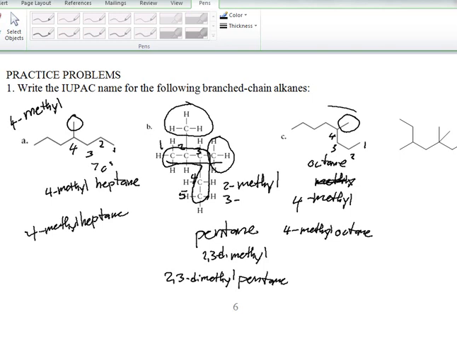And this last one is the most complicated. 1, 2, 3, 4, 5, 6, 7. We might say that there are 7 carbons. Actually, that one's off the page. Let me move this over.